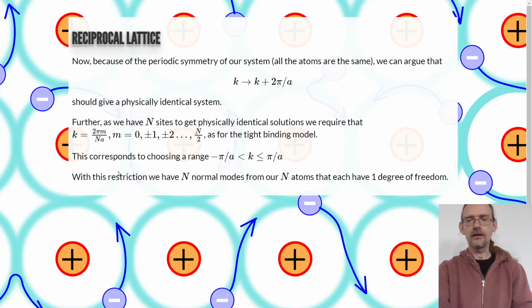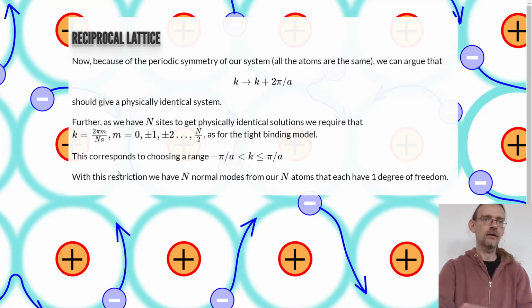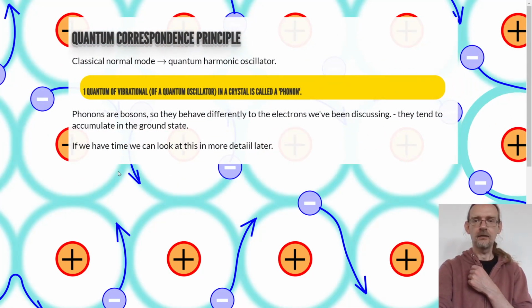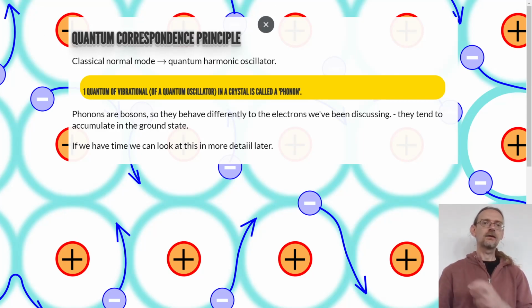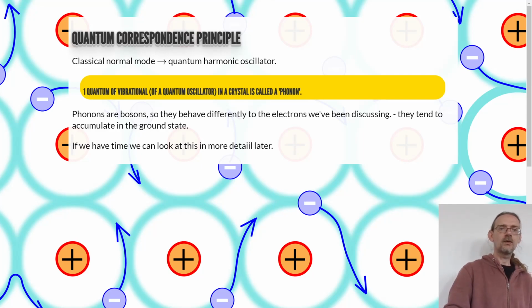And then I'm going to stop here, but there's this analogy of this wave vector with this reciprocal lattice and the type of solutions we got with the quantum system. One last thing to mention is the so-called quantum correspondence principle, which is every time you have a classical harmonic potential or a classical mode of oscillation, there's a quantum equivalent.